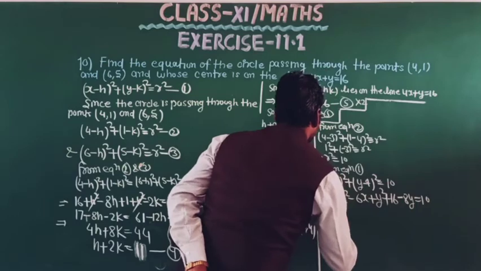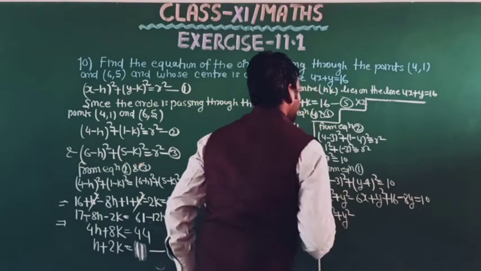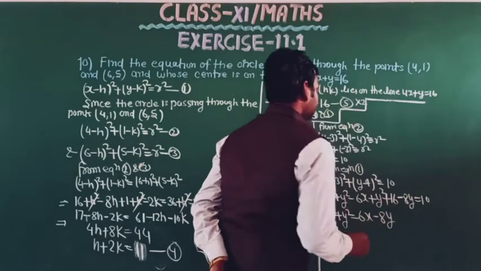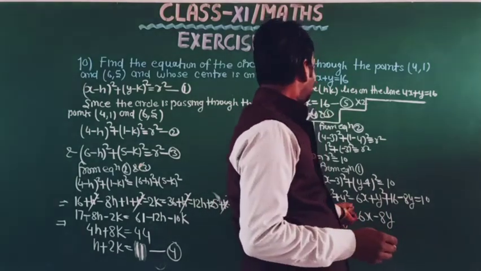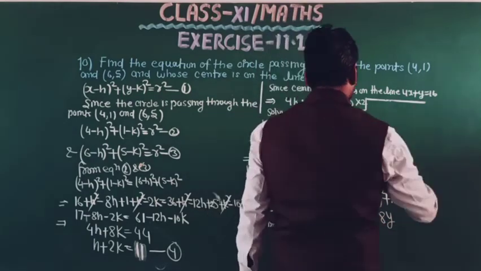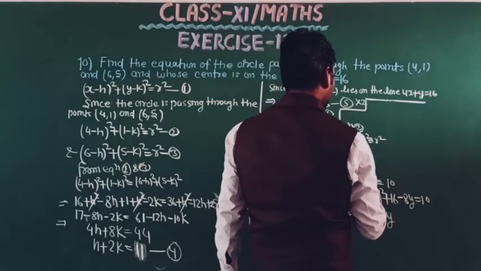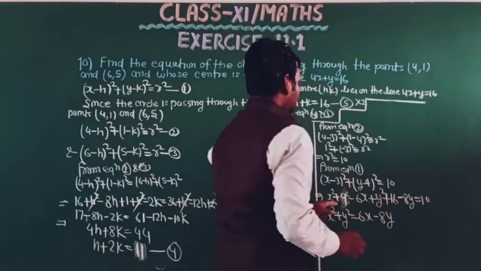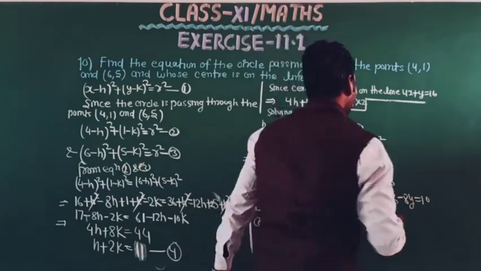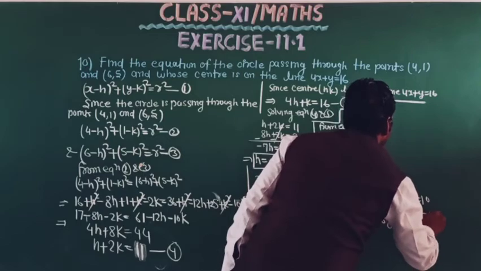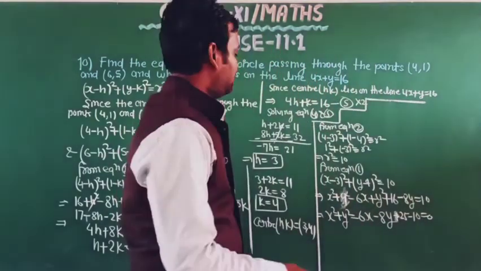This implies x² + y² - 6x - 8y, then 9 plus 16 is 25, and 10 moves to the left side as minus 10.